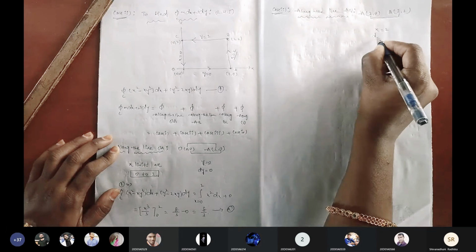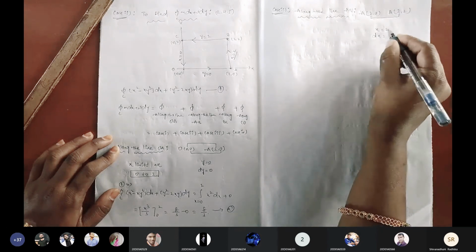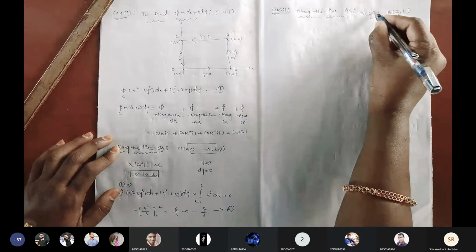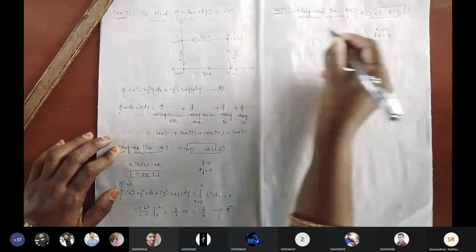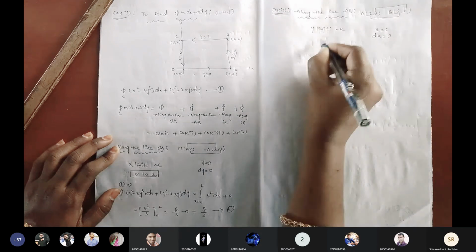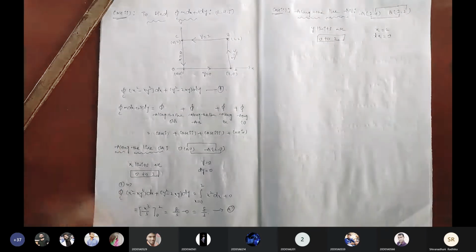So on both sides we differentiate: dx equals, 2 differentiated is 0. For the remaining variable, the limits are different, 0 to 2. So those are the y limits. Y limits are 0 to 2. It is clear, all of you?